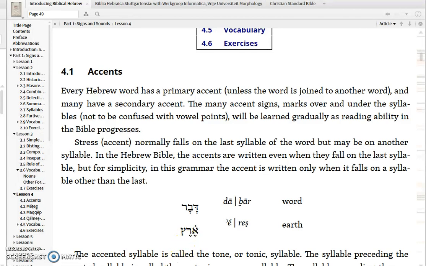Now, accents will fall either on the last syllable or the next to the last syllable, but not on any other syllables normally, unless it's some sort of loan word, and therefore accents only have to be shown on the next to the last syllable, which is a little less common than when it's on the last syllable.